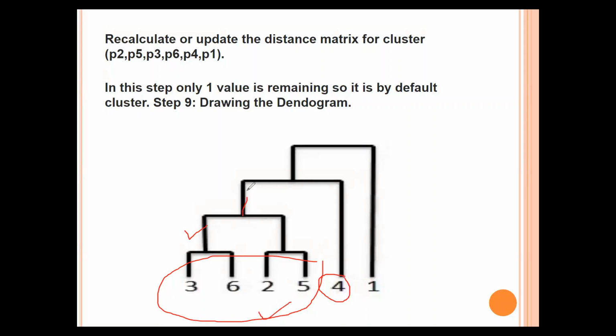This branch added P4 to P3, P6, P2, P5, and finally the last individual data point got added into this cluster. And finally our cluster was P3, P6, P2, P5, P4, P1.